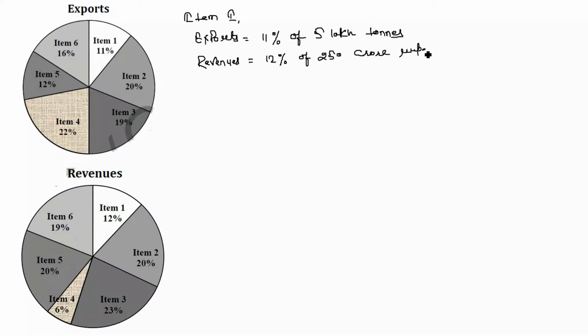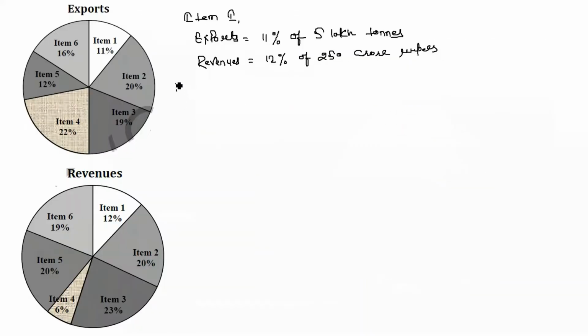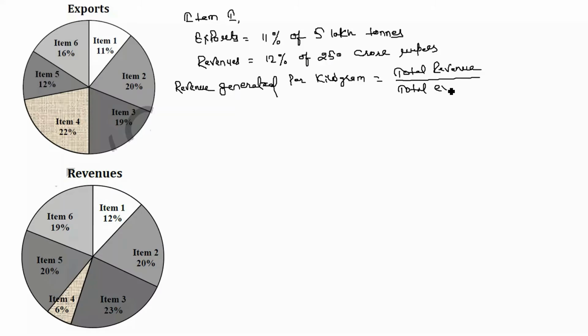Now in the question we need to find the ratio of the revenue generated per kilogram. So revenue generated per kilogram will be total revenue of item 1 divided by total quantity of export.